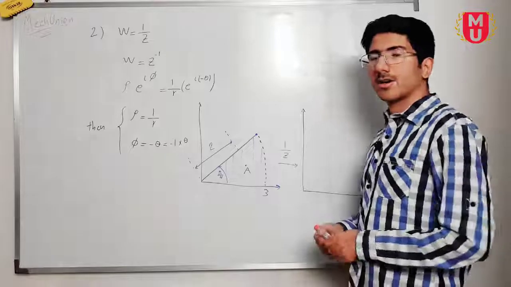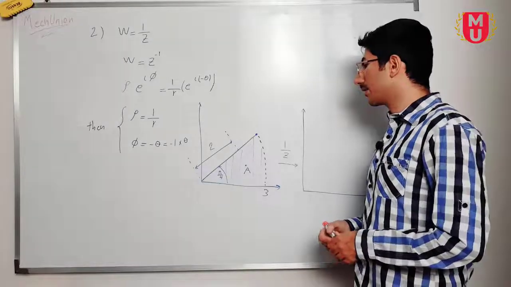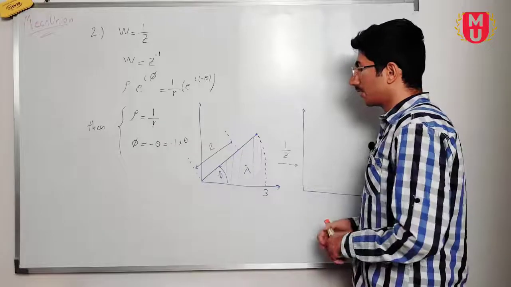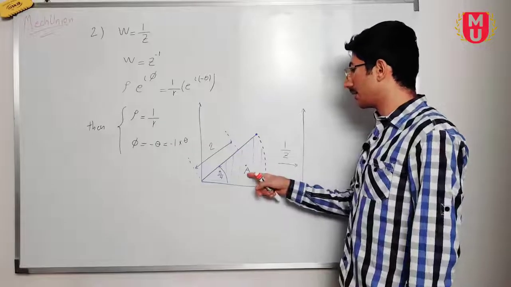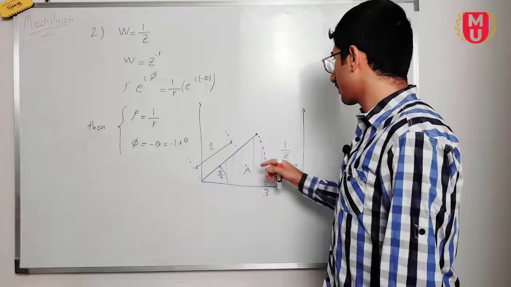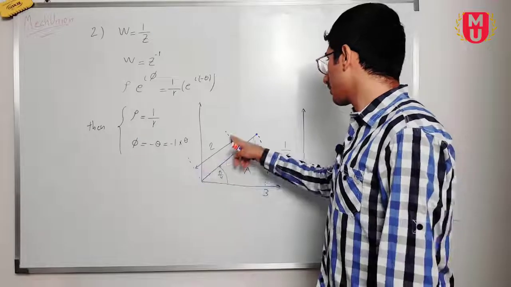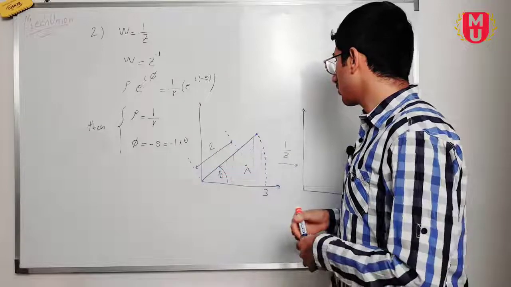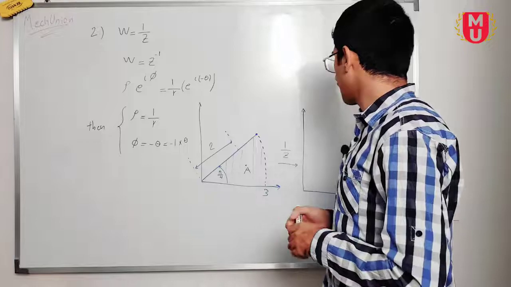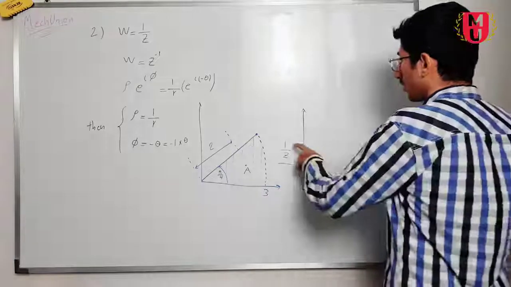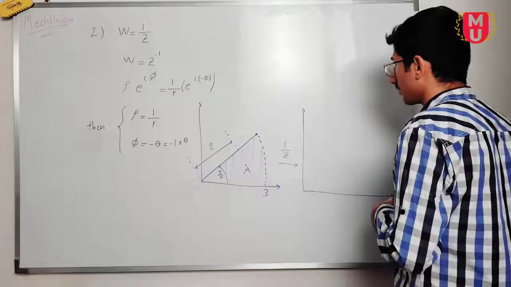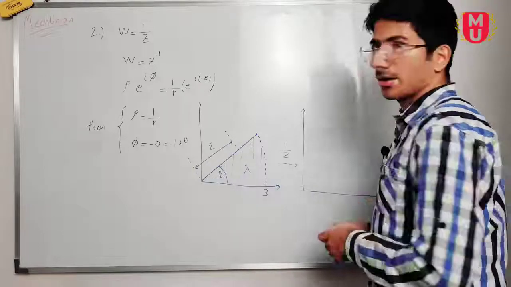In order to understand this clearly, I brought you an example. Consider a hypothetical point A which has a distance of 2 and angle of pi over 4. Under 1 over z mapping, what will it become?